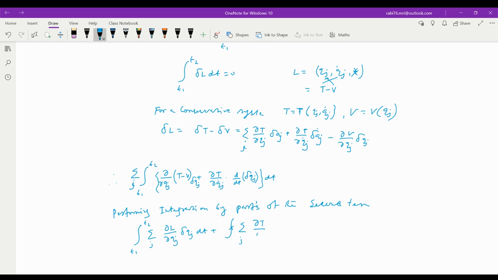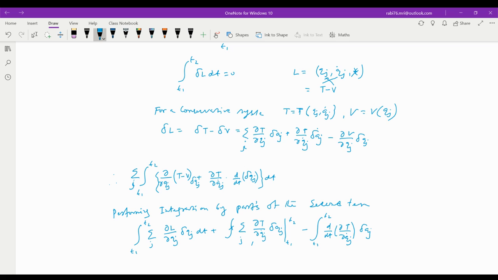So this will be del T del qj dot into delta qj evaluated at t1 to t2, right? Minus integration over t1 to t2 of d/dt of del T del qj dot, delta qj, right?